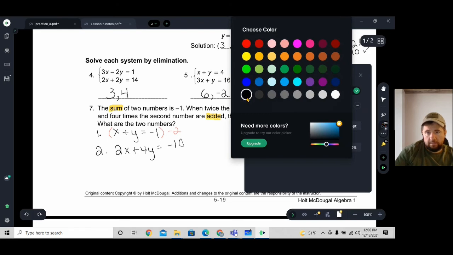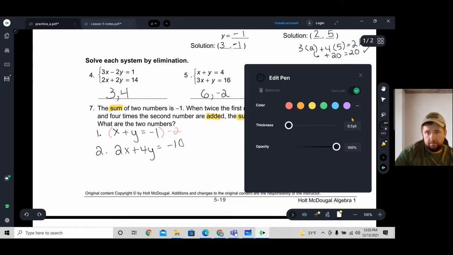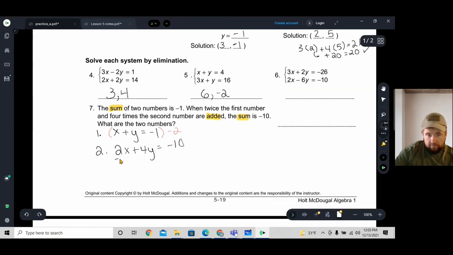Okay, this whole top equation times negative 2. I'm going to end up with negative 2x minus 2y equals negative 2 times negative 1, which is positive 2. Now you should see right here, my two variables, negative 2x and positive 2x, these two will cancel.